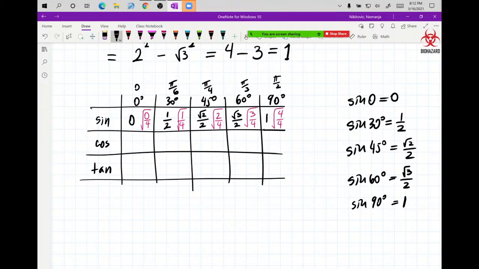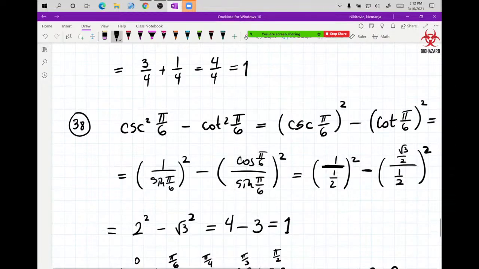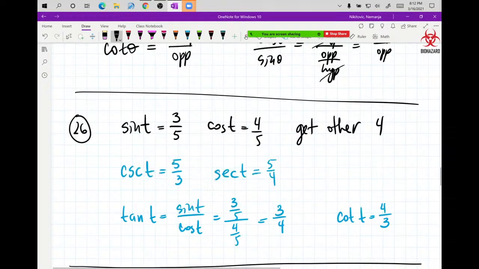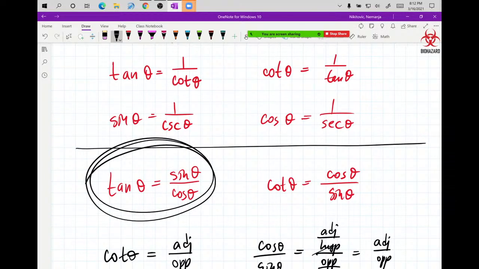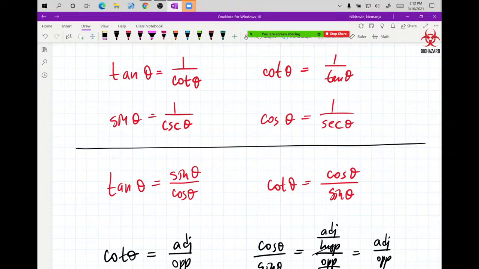Now, remember the cofunction identity? 90 minus theta? The cosine values were the same, they were just opposite, which is why you take the same numbers and you just write them backwards for cosines. And finally, you use your division, which was the identity we had right here. Your tangent is sine divided by cosine. Awesome.